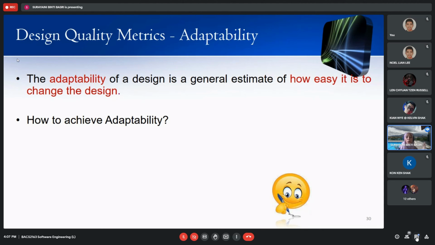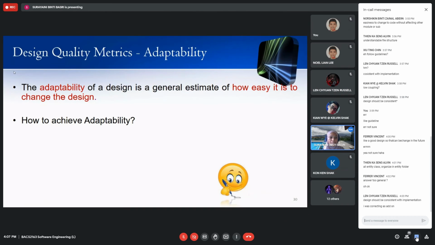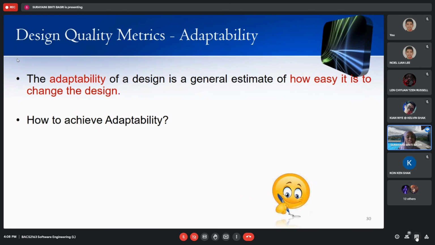So if you already implemented the three qualities previously, you can say that your system or design has a good adaptability metric. That means your system will be easy to change in the future.